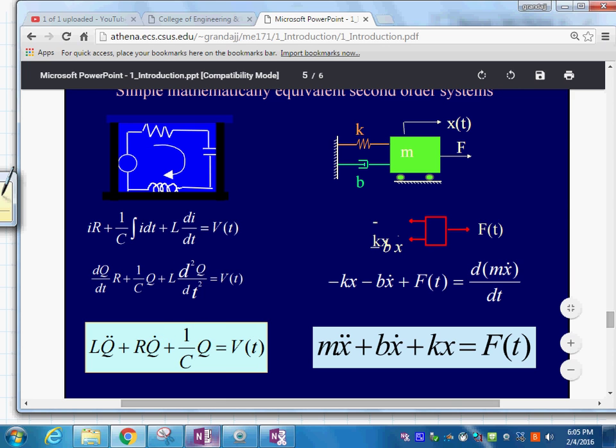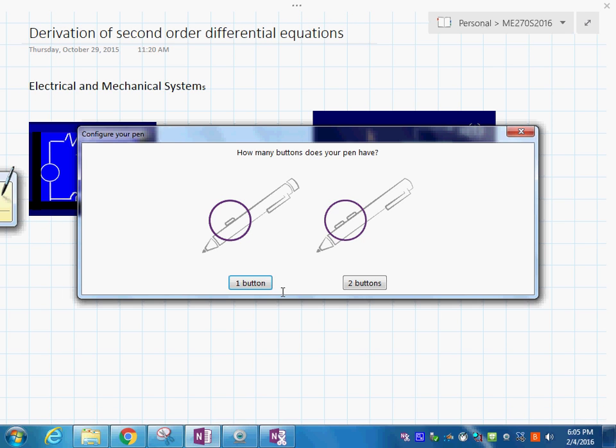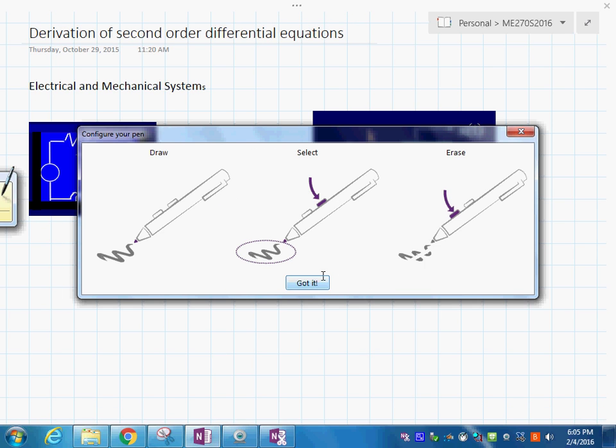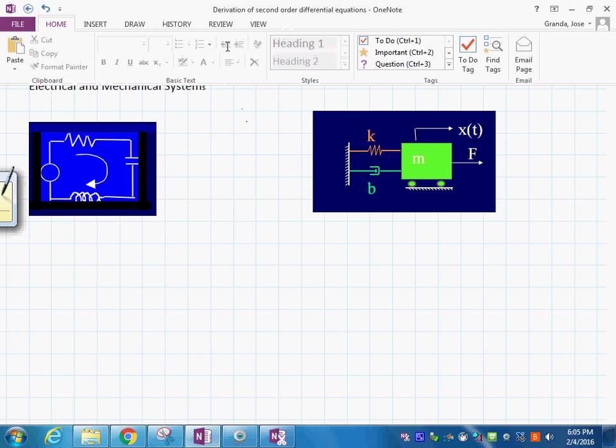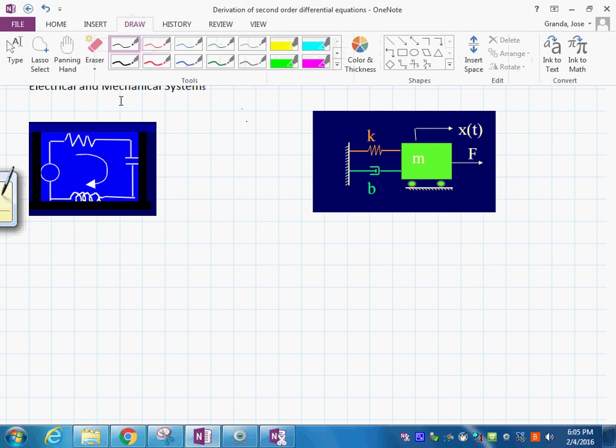So what we're going to do is go here to my OneNote and look at the electrical system first on the left hand side, and proceed with finding the differential equations for this.